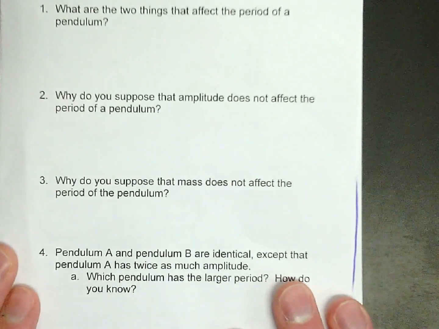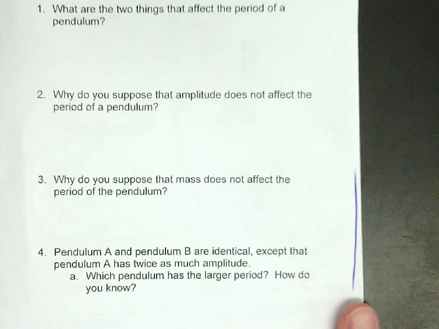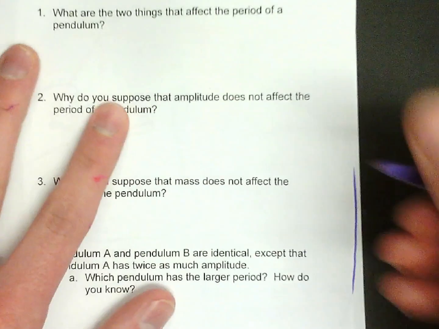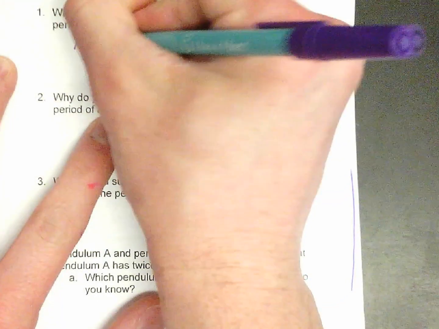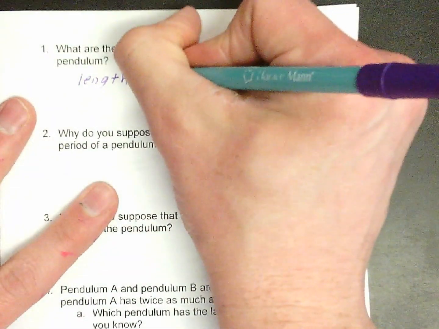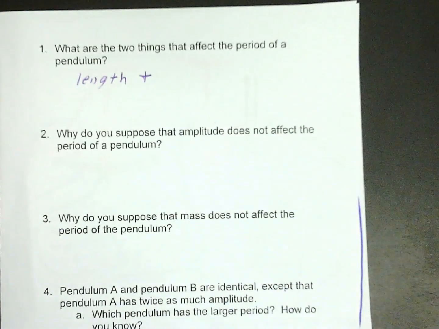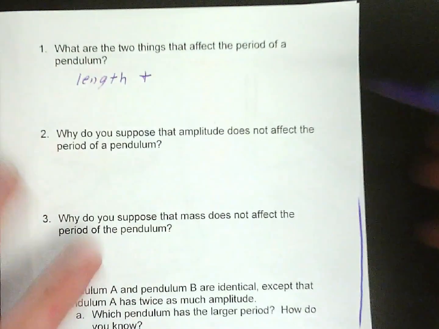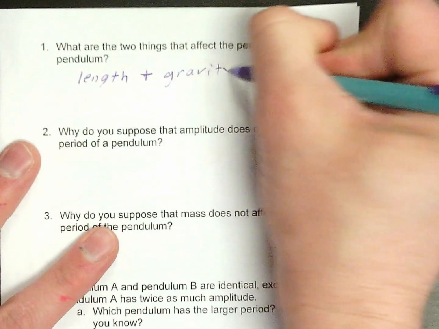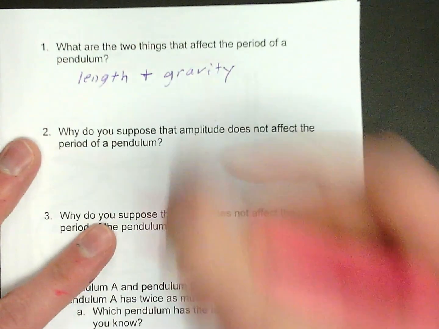All right. What are the two things that affected the period of a pendulum? We just talked about one of them, and that was length. The other one we mentioned in the restoring force part, and that is gravity. It's also worth talking about springs.